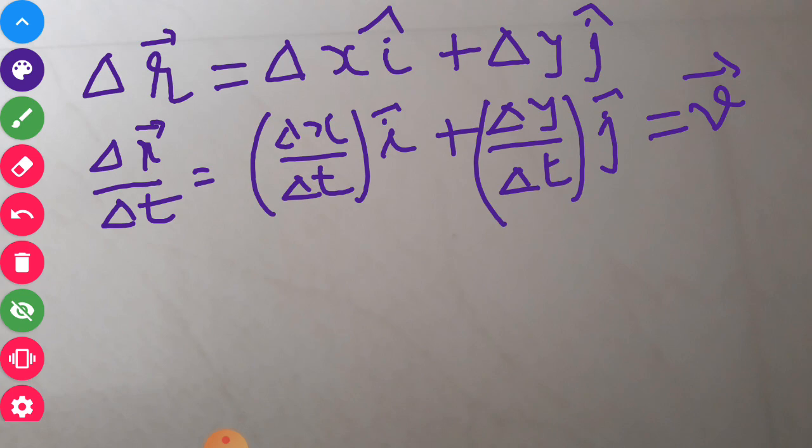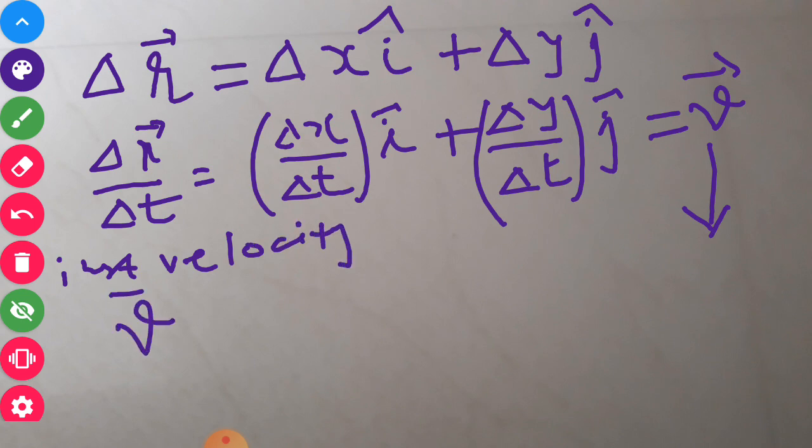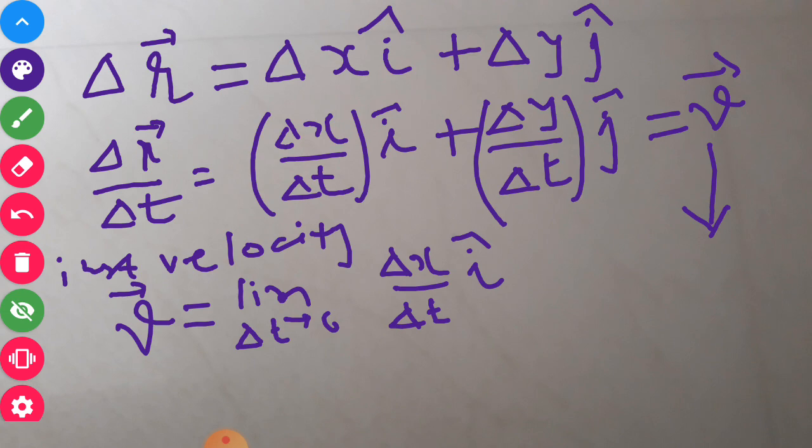Now if you take the limit delta t tends to 0, then this becomes instantaneous velocity. So instantaneous velocity v is equal to limit delta t tends to 0 of delta x by delta t i cap plus limit delta t tends to 0 of delta y upon delta t j cap.